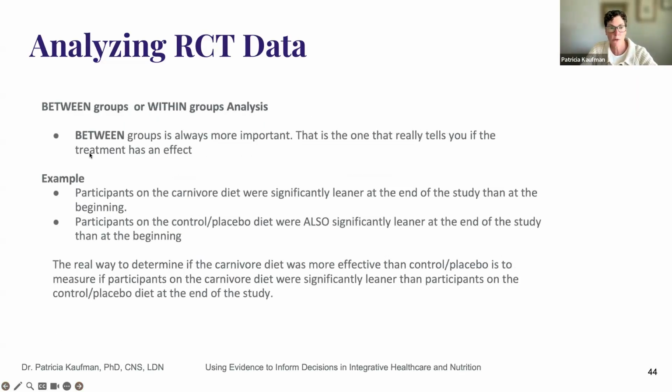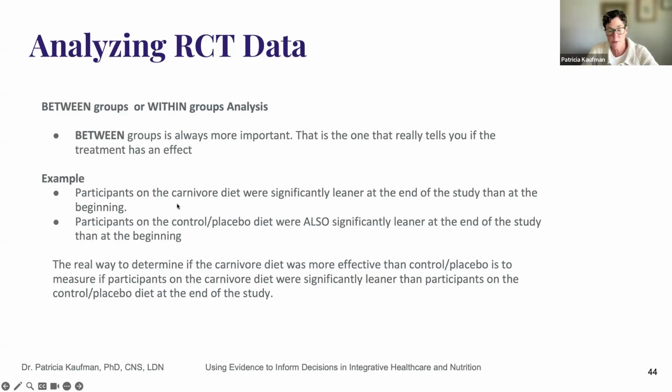It's always important to understand the difference between groups or within group analysis. Between groups, so the ketogenic versus Mediterranean diet, that's more important to study than the difference within the group, where someone in the ketogenic diet might have shown a different effect or results.